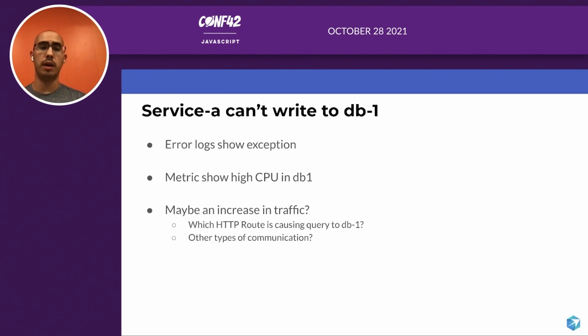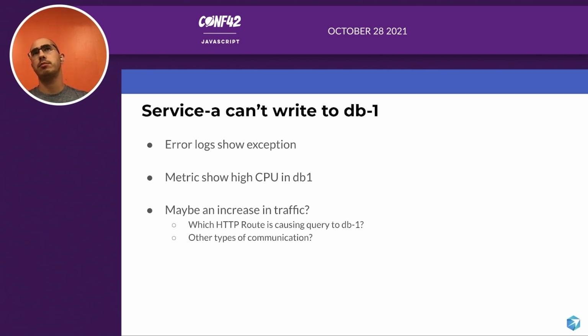You're working in a distributed environment, and you have a scenario where service A cannot write to a database. And let's assume that you know that from logs sending you an exception alert saying, hey, service A can't write to DB1.